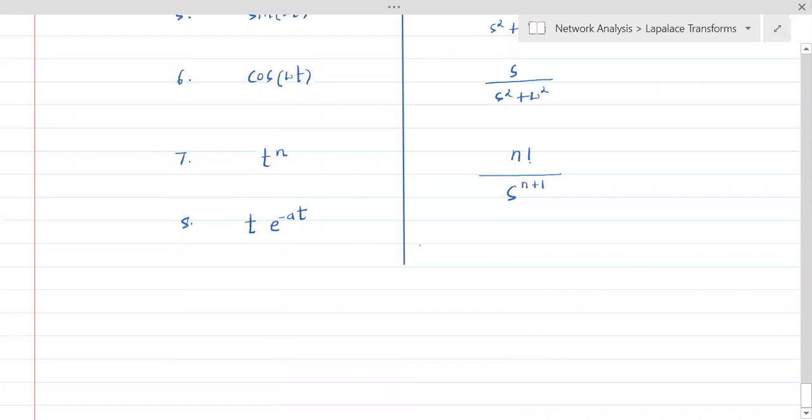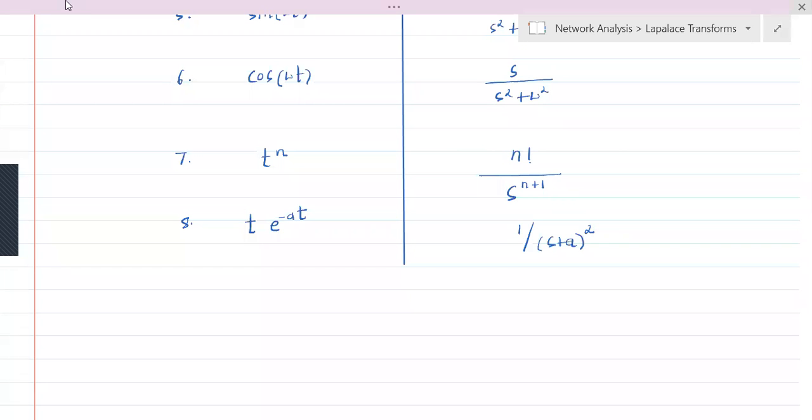For e power minus at, it is 1 by s plus a. Since t is there along with it, the denominator needs to have a power of 2: 1 by s plus a whole square. If you have e power minus at, it is 1 by s plus a. If you have t into e power minus at, it is 1 by s plus a square. Is that okay with you?